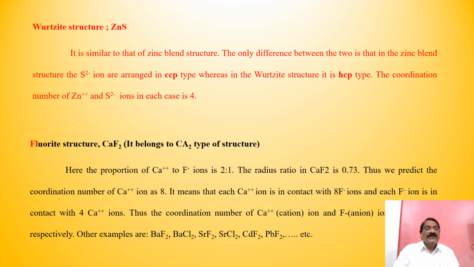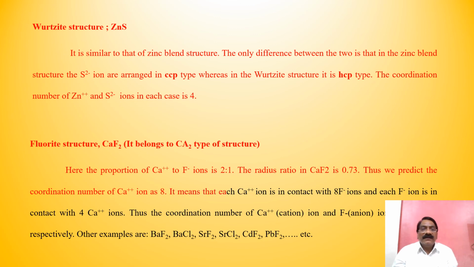Then we are going to see the next type of structure, fluorite structure, CaF2. It belongs to the AB2 type structure of ionic solid. Here the proportion of Ca2+ to F- ion is 1:2. The radius ratio in CaF2 is 0.73.